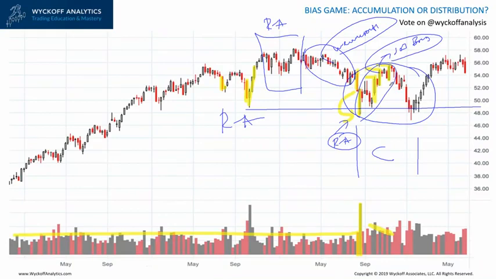So we're taken down after just slightly diminishing momentum characteristics. And as we go down, the key here is to see again, what are we going to do? Are we going to expand the progress to the downside, or are we going to exhibit some bullish characteristics?